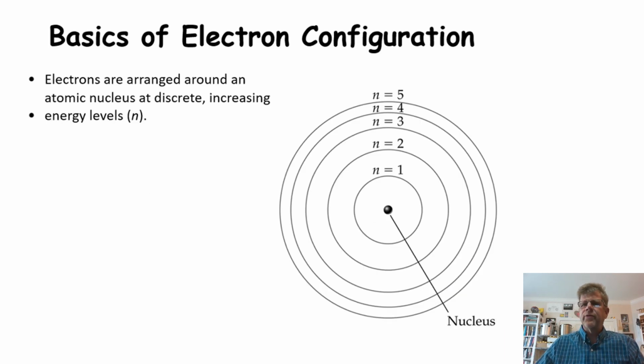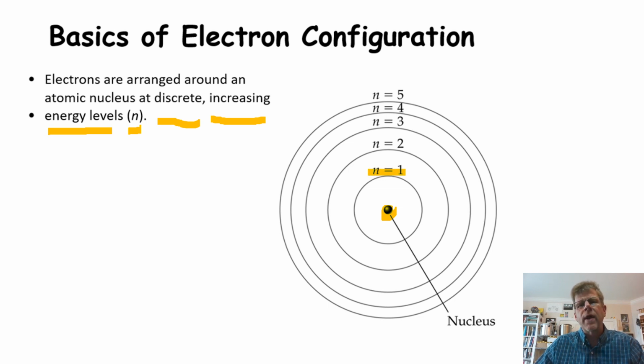The best way to view the way electrons are placed or stacked around the nucleus of the atom would be to think about them at discrete, meaning a particular place, and increasing energy levels. Now I use this lowercase n for energy levels. If we look here on the diagram, we have our nucleus right at the center. Electrons are added into energy levels.